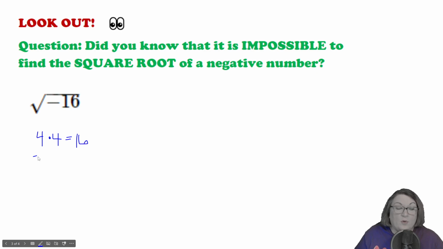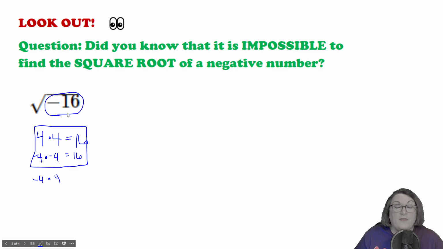And then negative 4 times negative 4 gives us a positive 16. And that also does not work. Okay, so there really is no solution to this because we would need two different numbers. We would need a negative and a positive in order to get that negative quantity here.